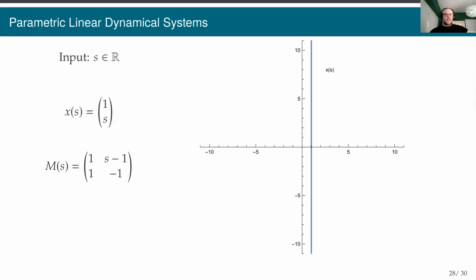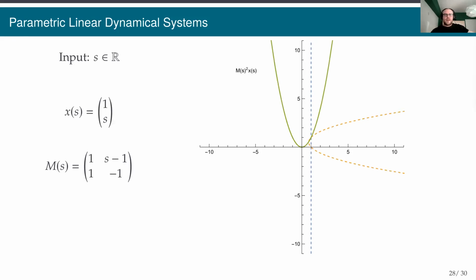The update matrix is quite simple: we have just 1, s minus 1, 1, and minus 1. Okay, so I've plotted some values of our initial vector. It's this blue line here. So now when we apply M to x and we allow s to vary, we get this curve.